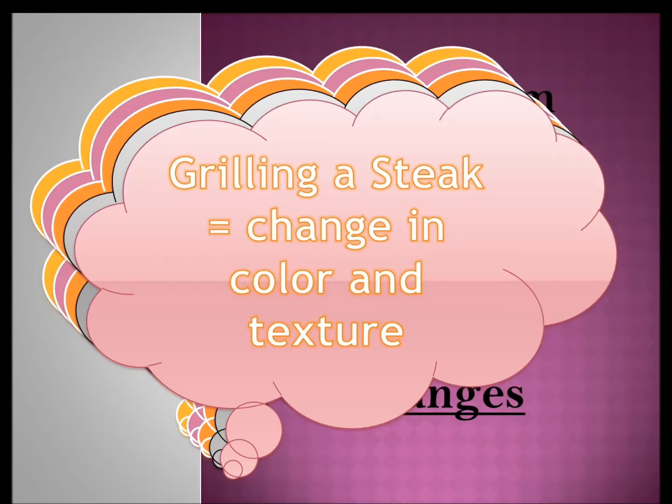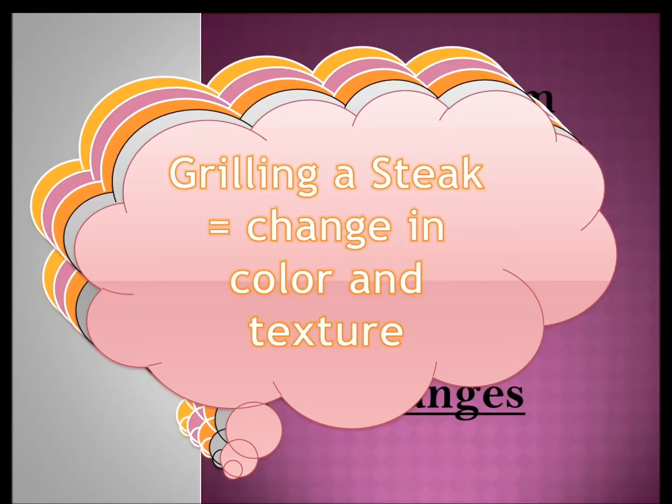That texture has been changed. The more cooked an object is, especially a protein or a meat, the more that protein is broken down, and so the texture is going to change. So that is chemical change anytime you add heat to food. See if you can fill out the rest of those lines with your partner.